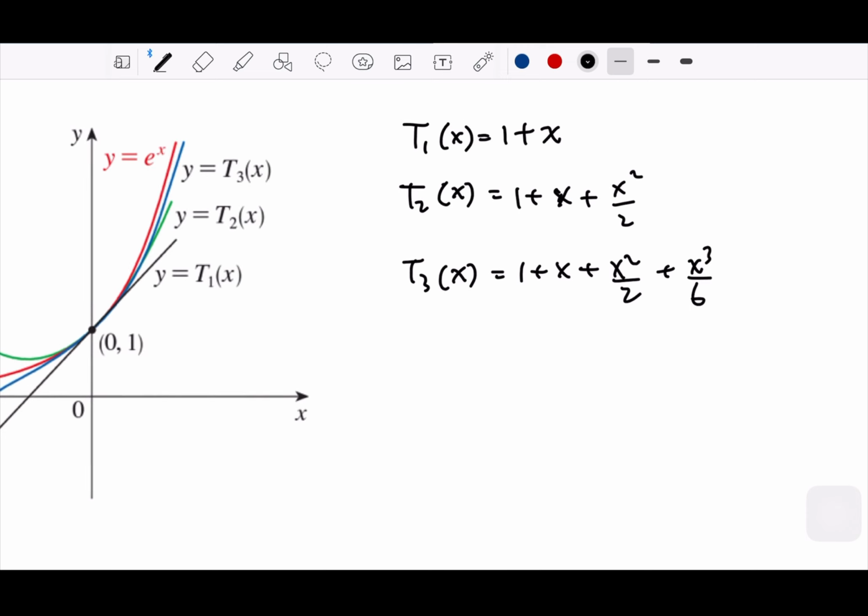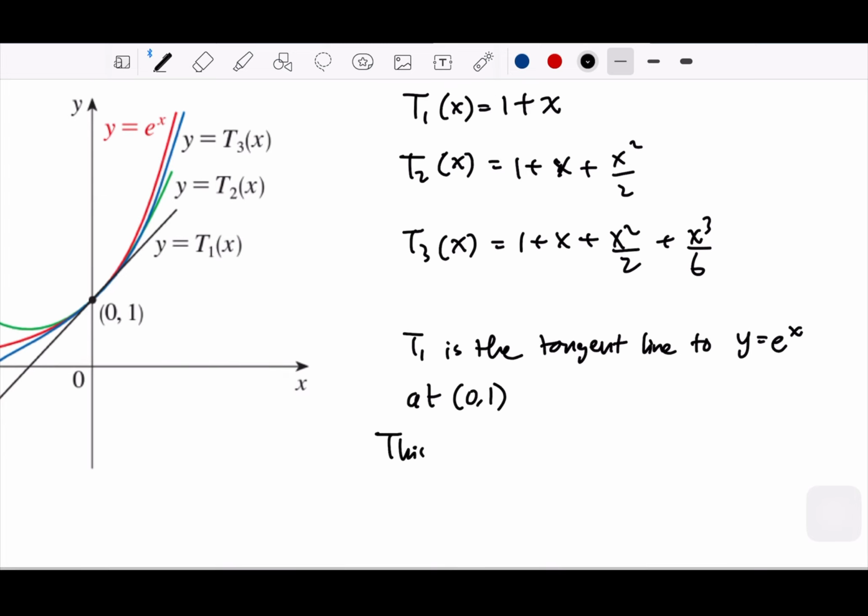Okay, so the best linear approximation, or maybe when we write the tangent line T1, let's say T1 is the tangent line to y equals e to the x at (0, 1).